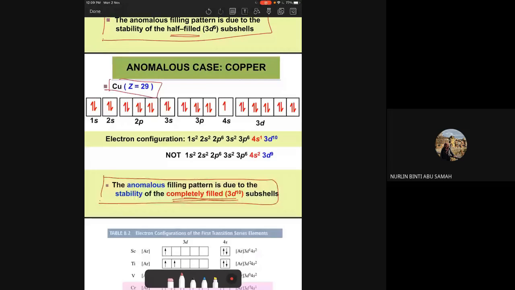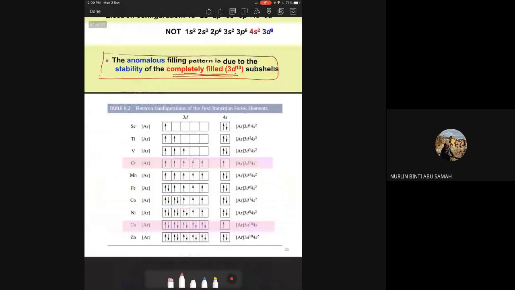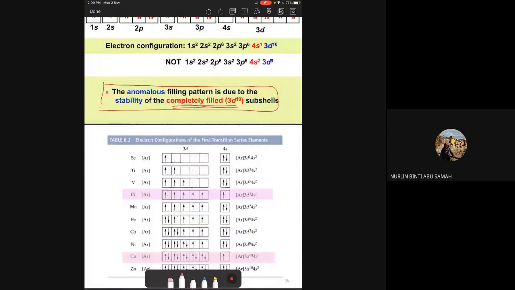Bila kita refer kepada slide last ni, kamu akan nampak 3D5 untuk chromium kan? Chromium, ni argon ni susunan gas inert, 3D5, 4S1.